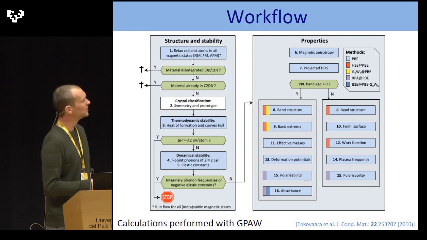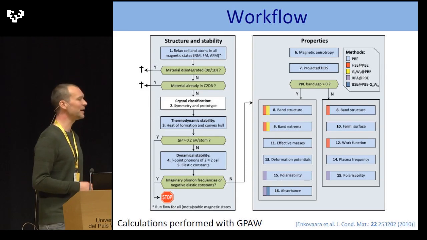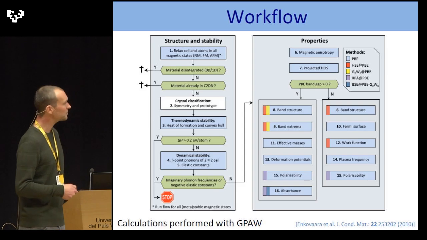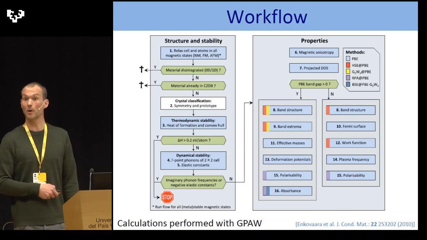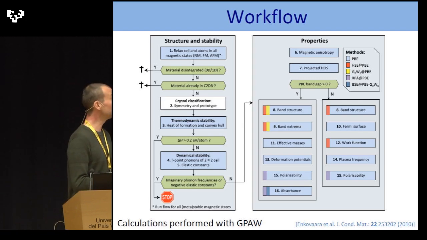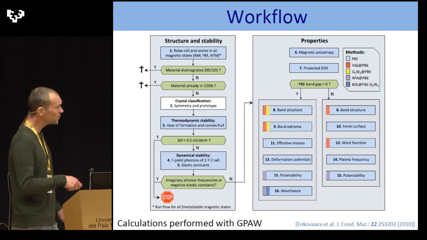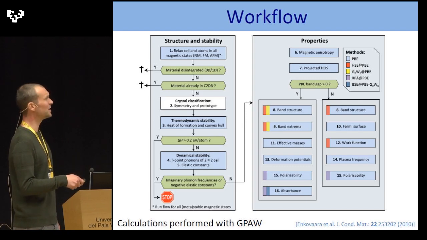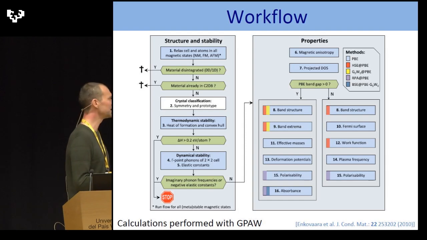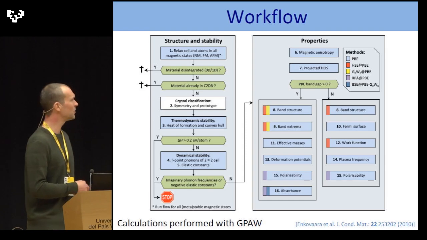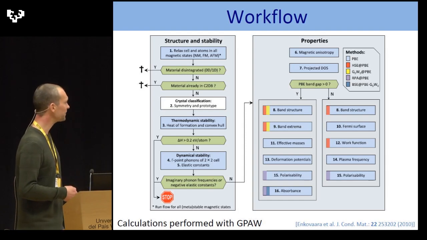Then we do slightly different things depending on whether it's insulating or metallic. For example, if it's insulating, we would calculate the GW band structure also and the optical absorption spectrum based on the Bethe-Salpeter equation. So we have some 200 Bethe-Salpeter equation calculations in here, but we only do this if the unit cell does not contain too many atoms. Otherwise, it's just too hard.